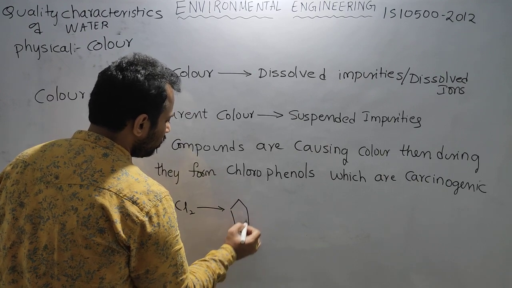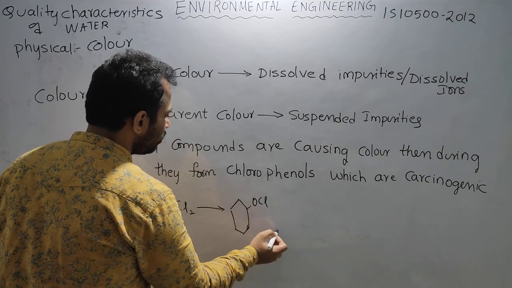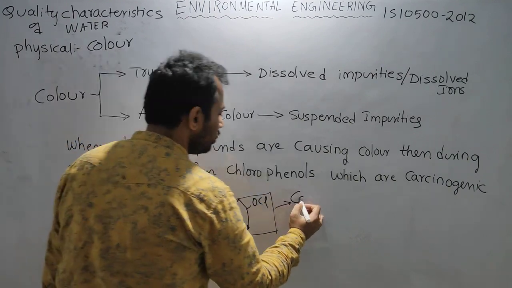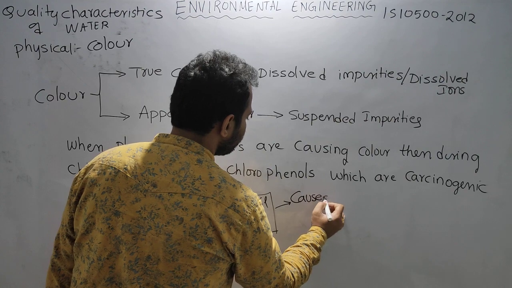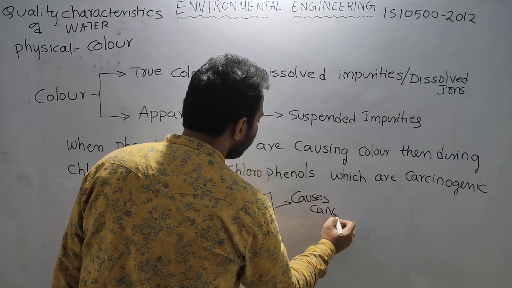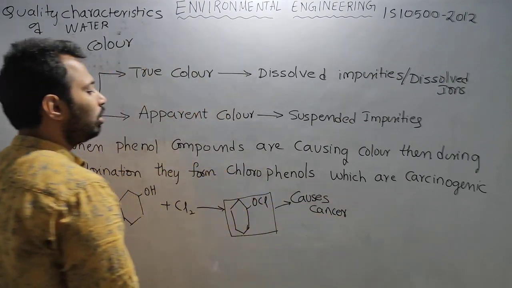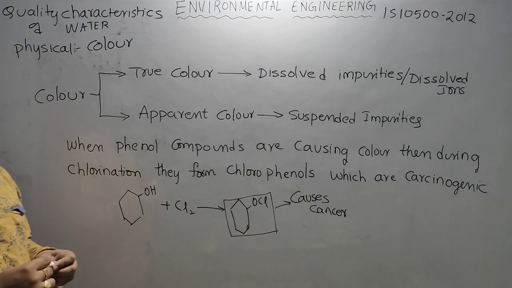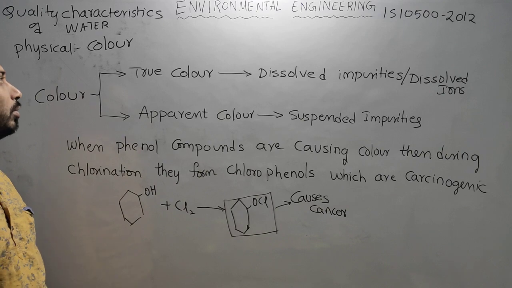Now this is nothing but chlorophenols. These are carcinogenic, they cause cancer. That is why we need to remove the color causing compounds before sending the water into chlorination, when the color causing compounds are phenols.